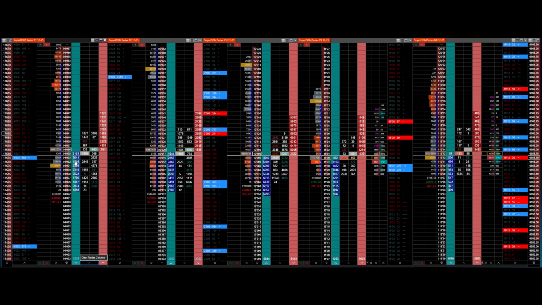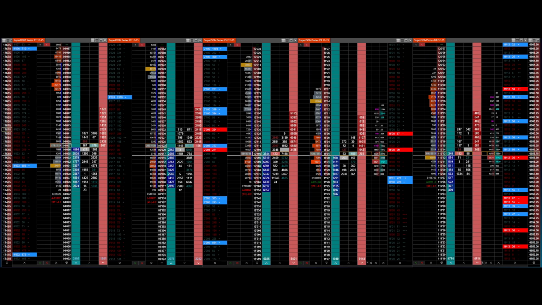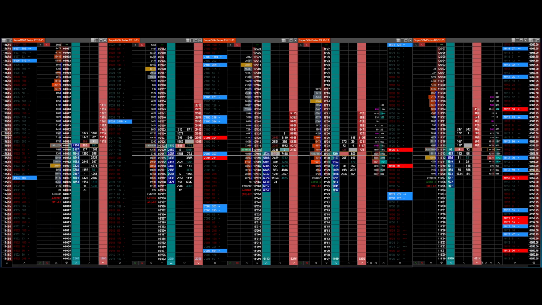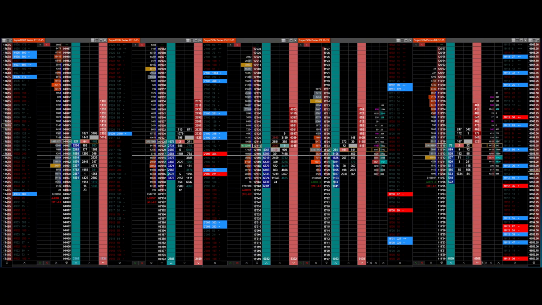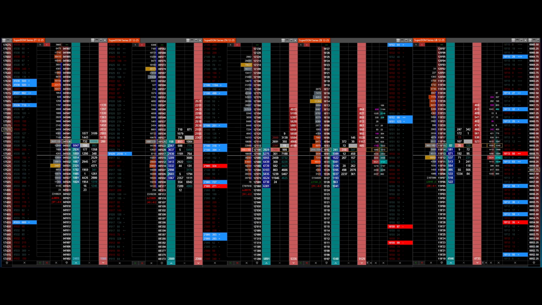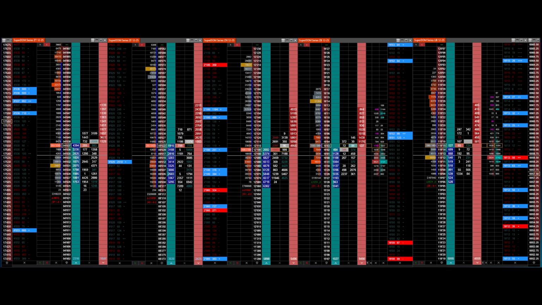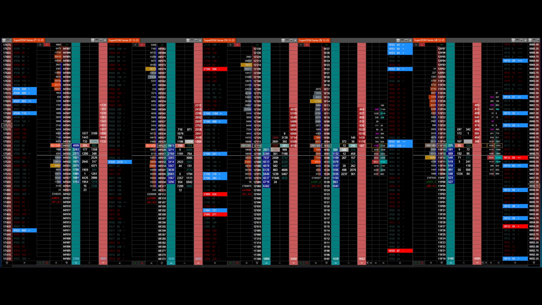These contracts here seem to be holding. Right, we move past this low volume node.